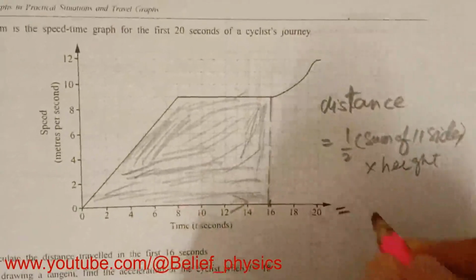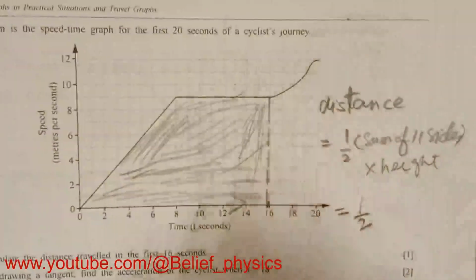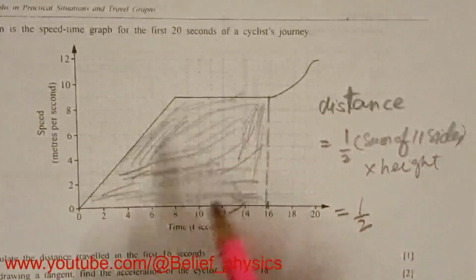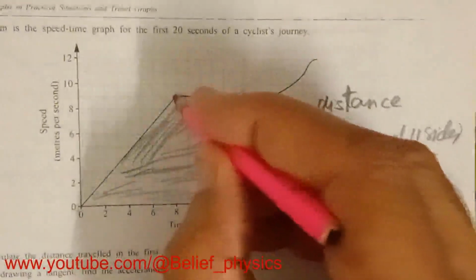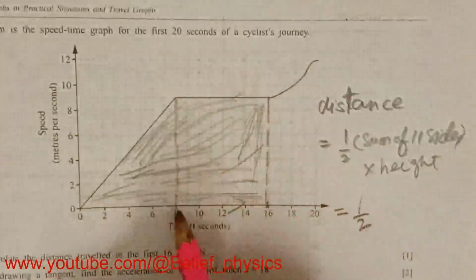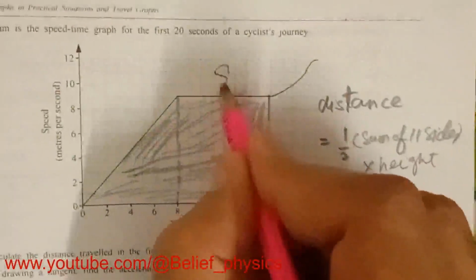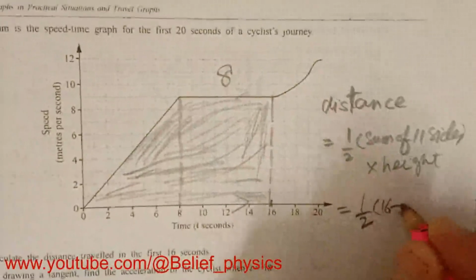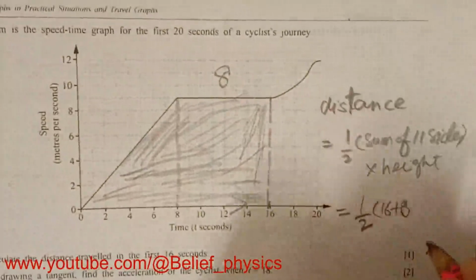So this will be 1/2 into the sum of the parallel sides. These two are parallel sides. This side is 16 and this side is 8. So this will be 16 plus 8.